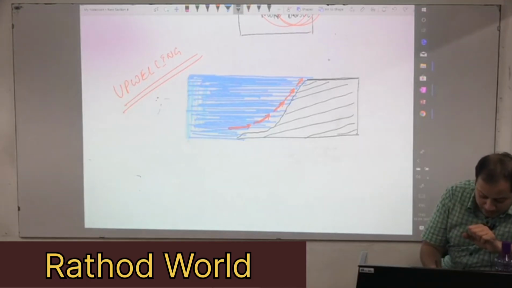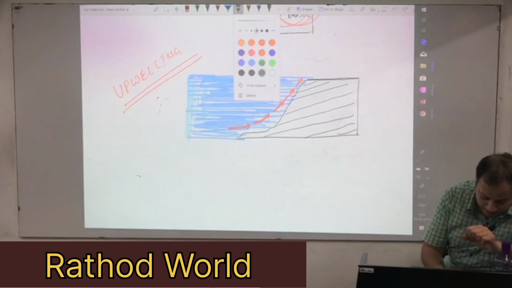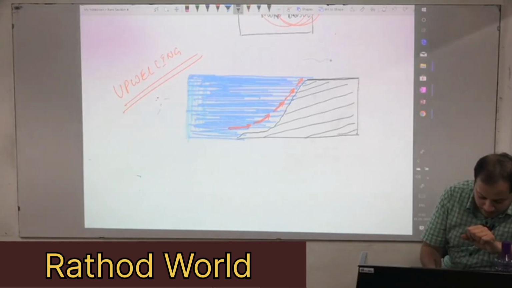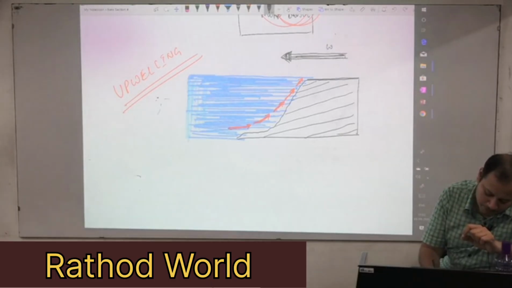Upwelling may also be caused when winds move water away from the coast.